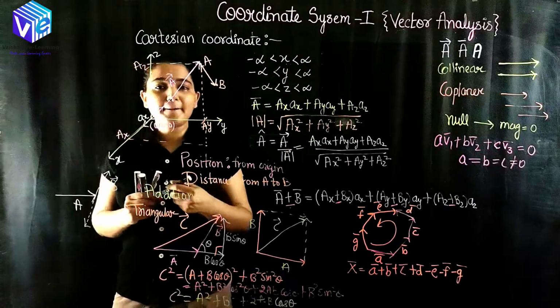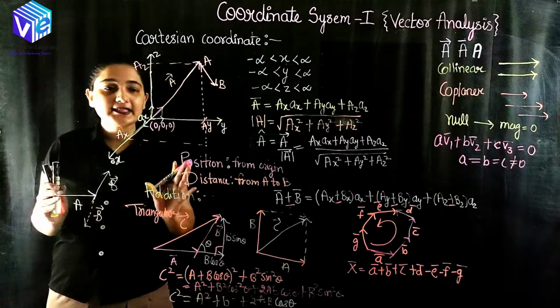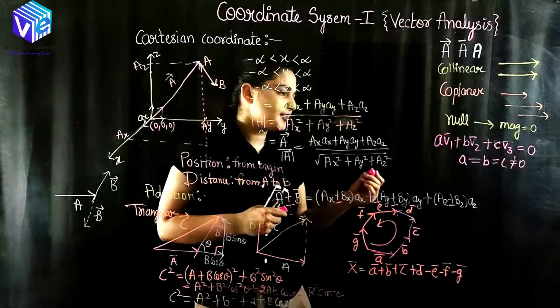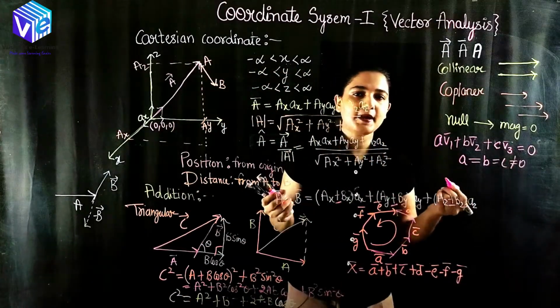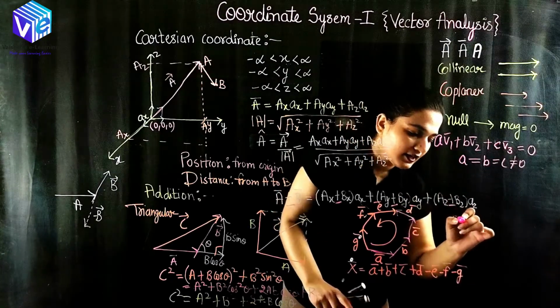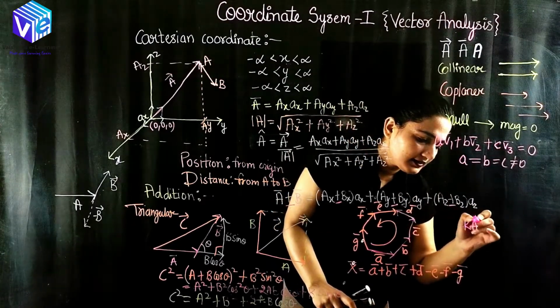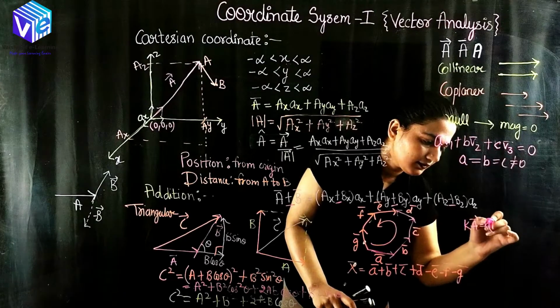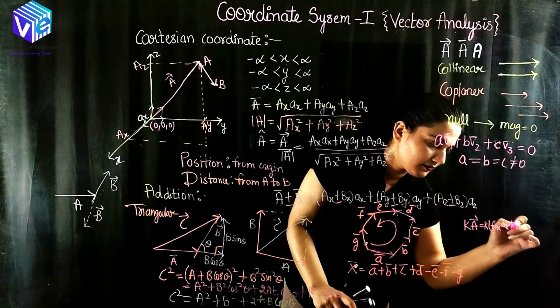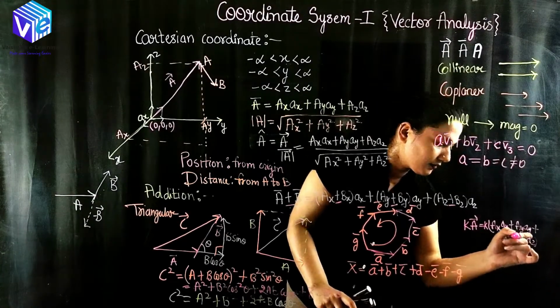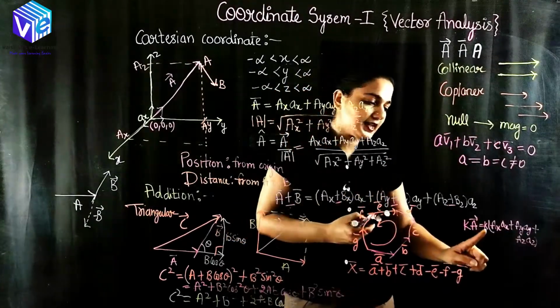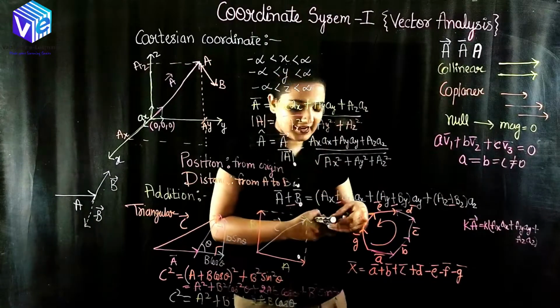So first of all, if I multiply the vector with any scalar quantity, let's suppose this is my A, this is my A vector. Now if I multiply A with any scalar K, so Ka is, I will be multiplying with K in the left hand side as well as right hand side.